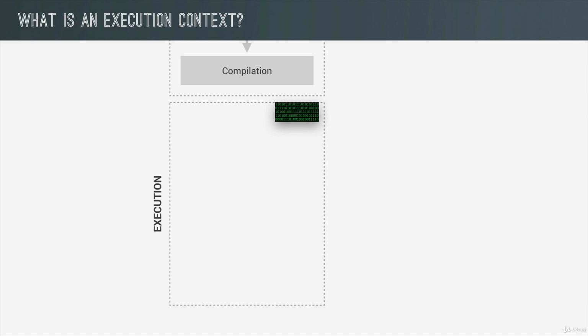What happens then is that a so-called global execution context is created for the top-level code. And top-level code is basically code that is not inside any function. So again, in the beginning, only the code that is outside of functions will be executed. And this makes sense, right?